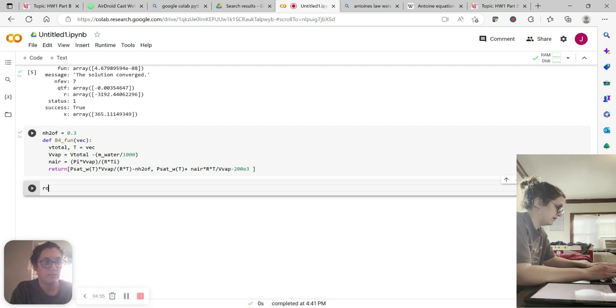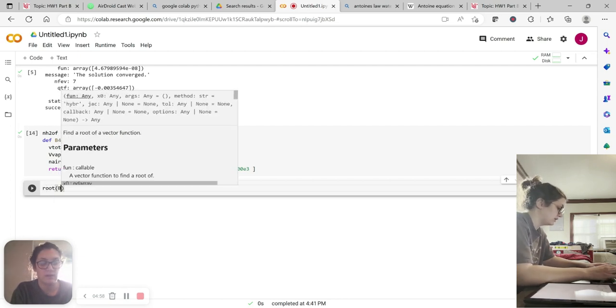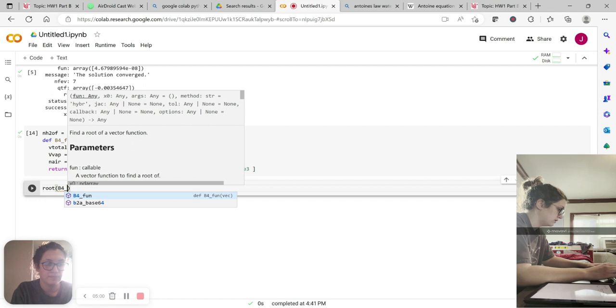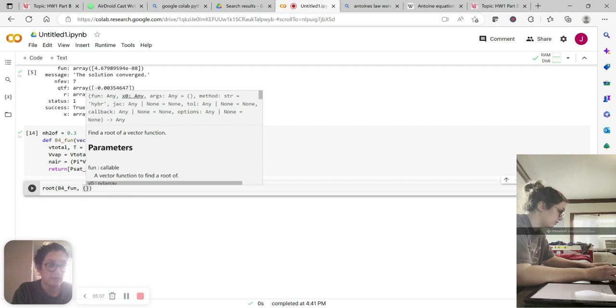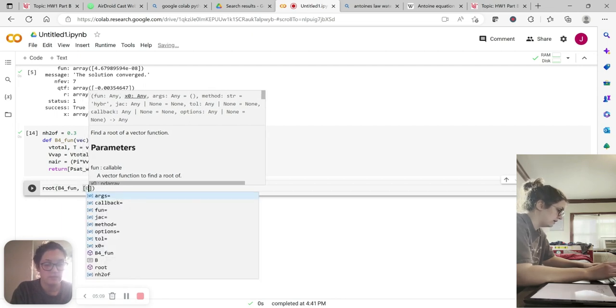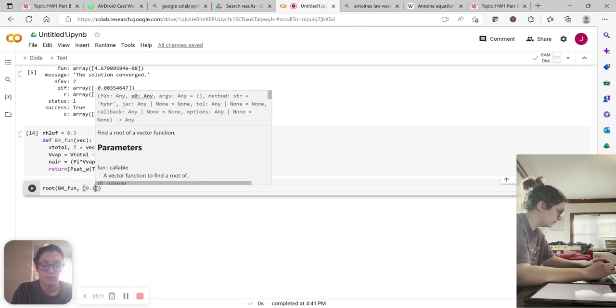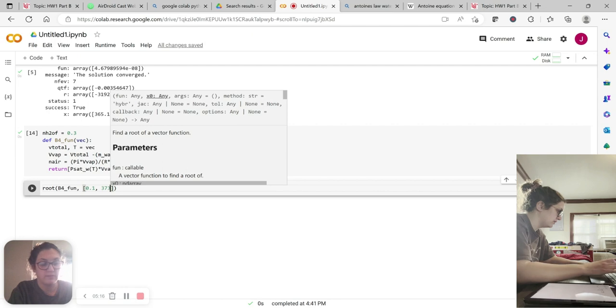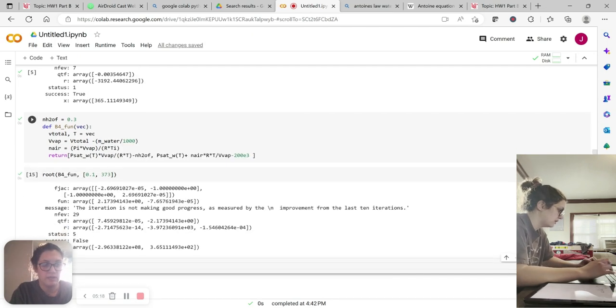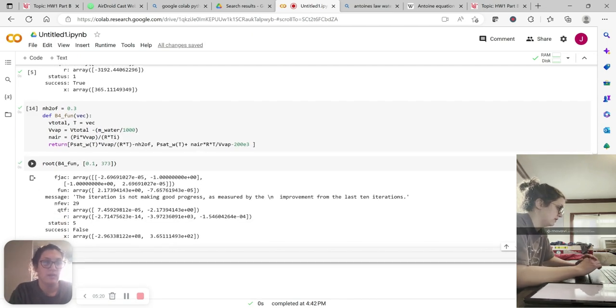So now I should be able to take the root of this function, do square brackets again, and my guess is going to be 0.1 for the volume, and we'll do 373 again for the temperature. And there is your outputs, and now you have solved for the total volume at the point of the final pressure as well as the temperature.